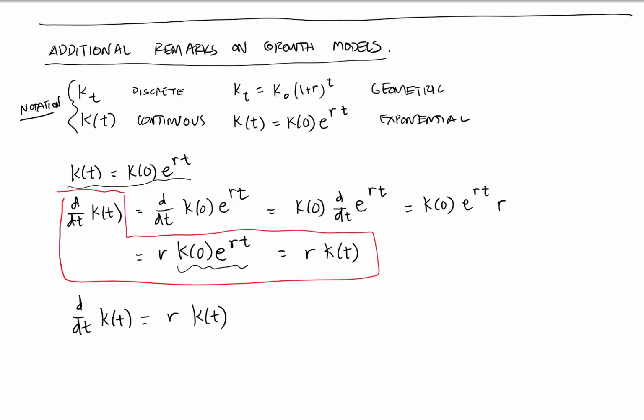What that says is that the change in the population at time t looks like the growth rate r times the population at time t. So we would call this thing a differential equation.